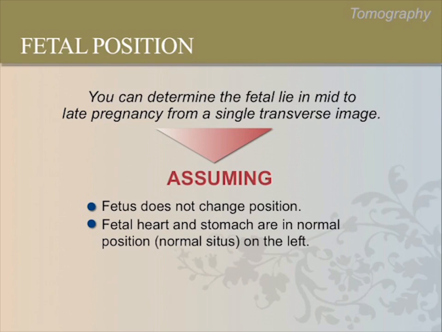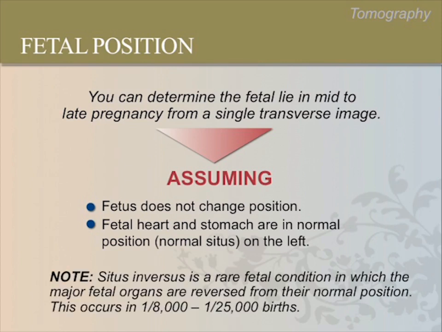Using these concepts, you can determine the fetal lie in mid to late pregnancy from a single transverse scan. This assumes that the fetus does not change its lie, and the fetal heart and stomach are in normal position, called normal situs, on the left.